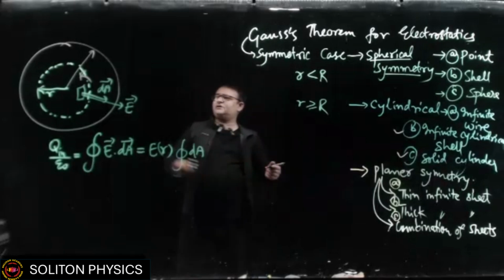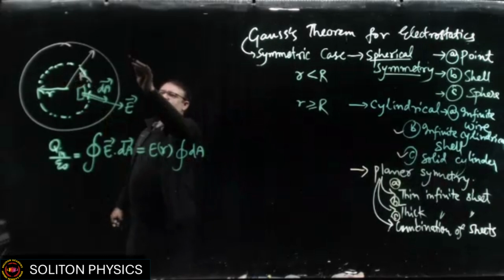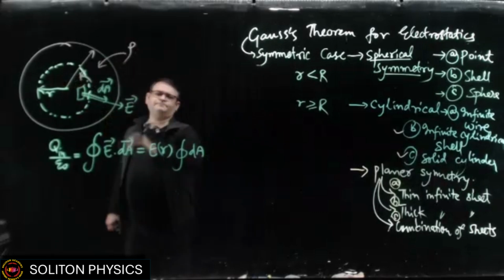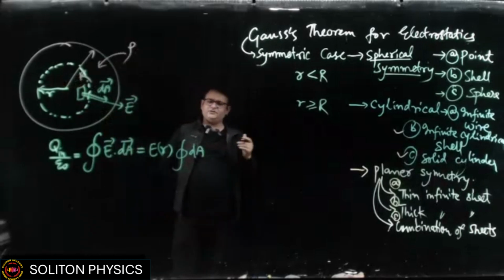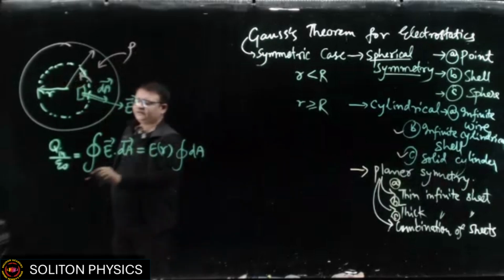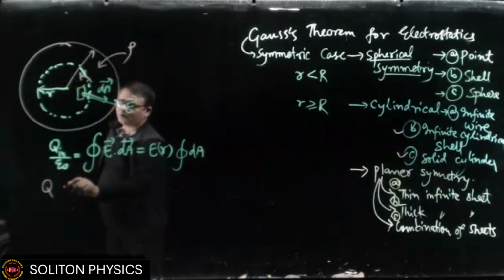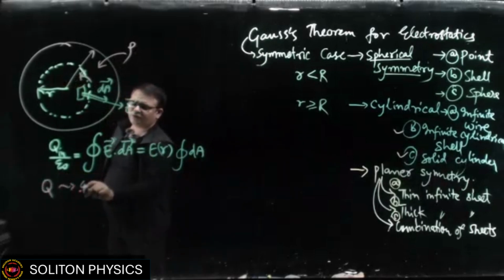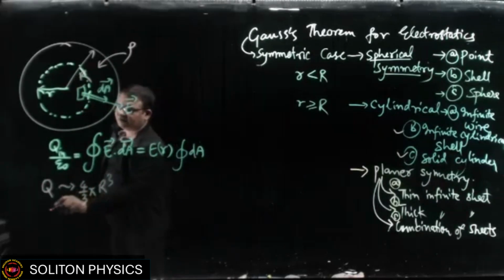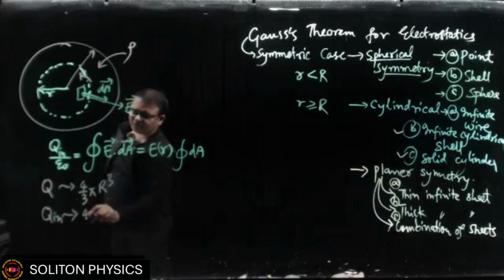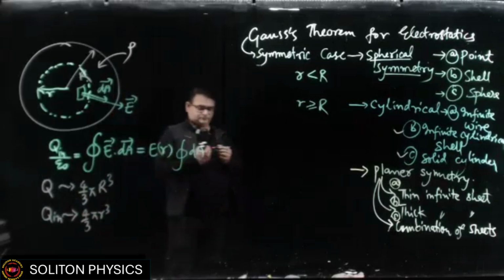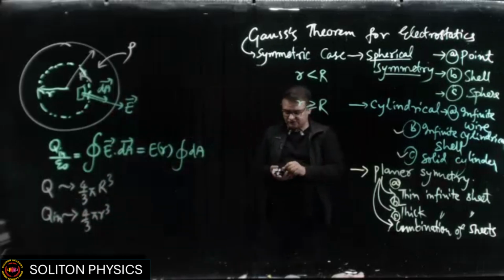If there is a homogeneous charge density rho, then I can say if big Q was on 4 by 3 pi R cube, then the Q inside will correspond to 4 by 3 pi small r cube, right?